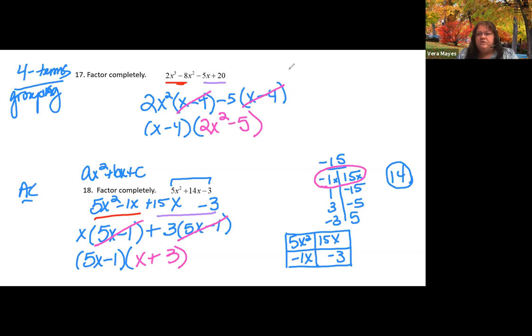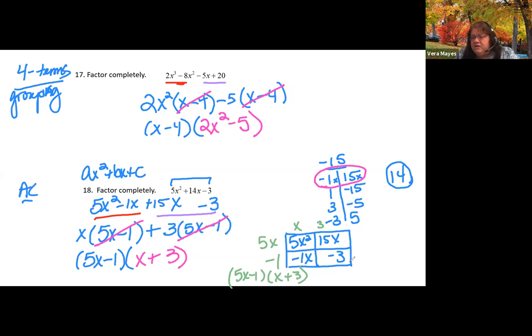With this one, I don't know if you have seen this method or not, but you just work backwards. What do these have in common? Well, they're both negative, so I'm taking -1 out. What do these have in common? They have a 5 and an x. What do these have in common? They both have an x. What do these have in common? They both have a 3. So here are my factors, 5x minus 1 and x plus 3.